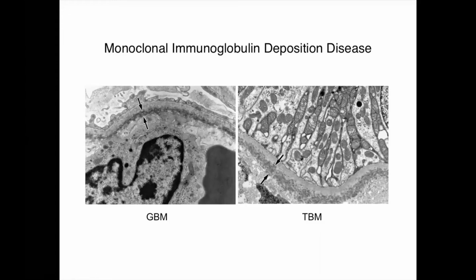We may have monoclonal immunoglobulin deposition disease, but what we see is very fine, electron dense granules on the inner aspect of the glomerular basement membrane, which is the sub-endothelial area of the glomerular basement membrane.